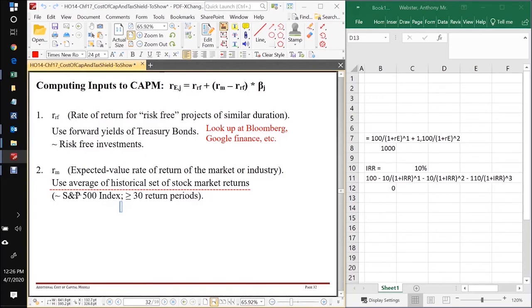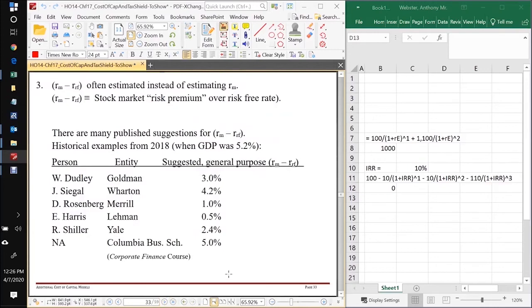We'd just say, let's represent the stock market by the S&P 500 index, and let's consider 30 or more years, and we'll just take the average return, and that will be RM. So that's pretty straightforward to compute as well. Another thing to note is that the model is really focused on the difference between the expected market return and the risk-free return.